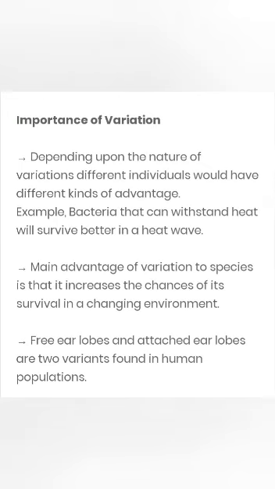That is, organisms having useful variations can easily cope with the changing environmental conditions, while the other organisms not having variations may be wiped out completely. For example, free earlobes and attached earlobes are two variants which are found in the human population.